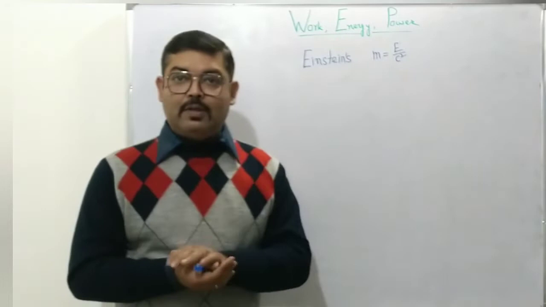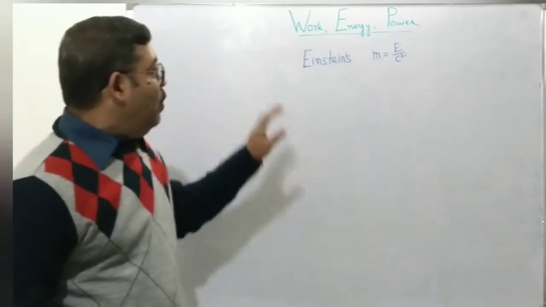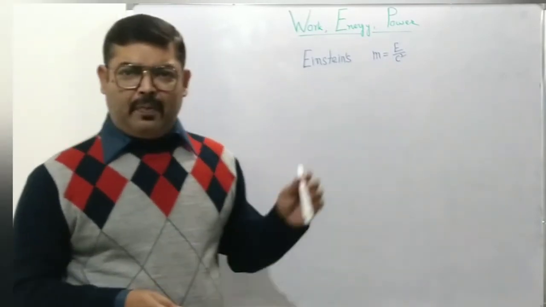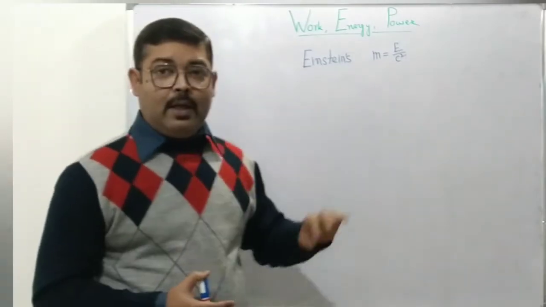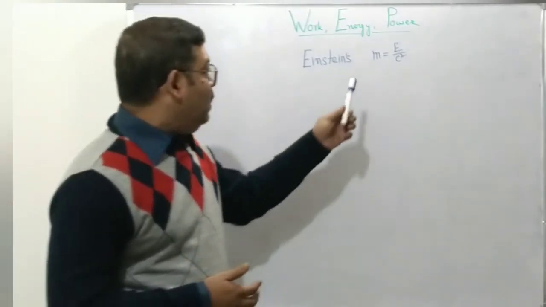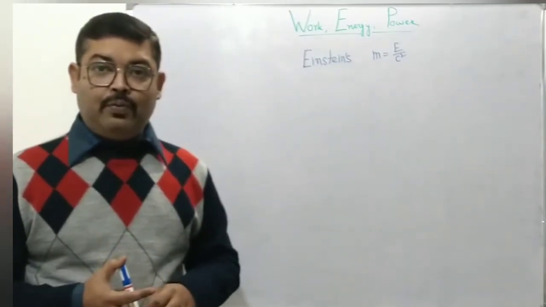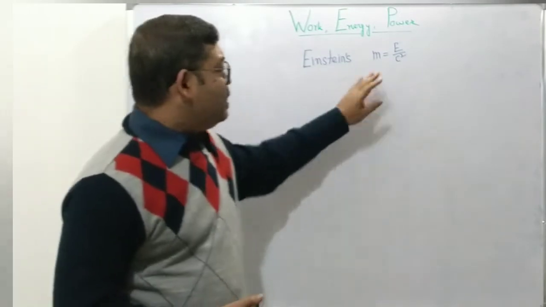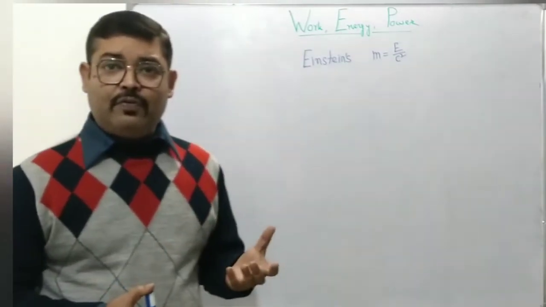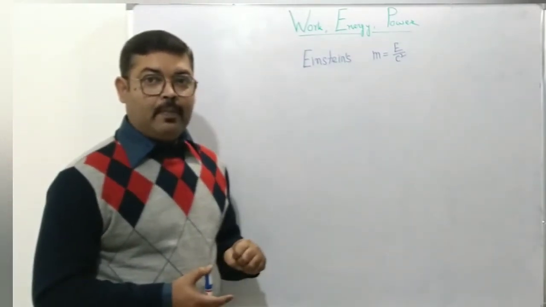That knowledge was with us for a very, very long time. What Einstein did is that he found in his theories that the mass of an object that we know, we have been measuring from time immemorial, is also a manifestation of the energy contained in the body.